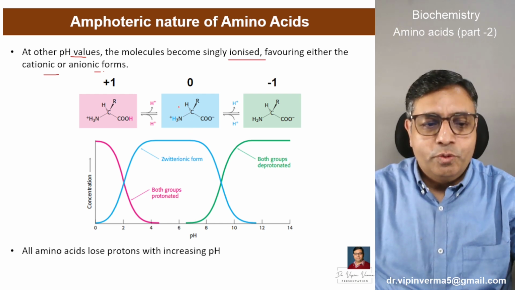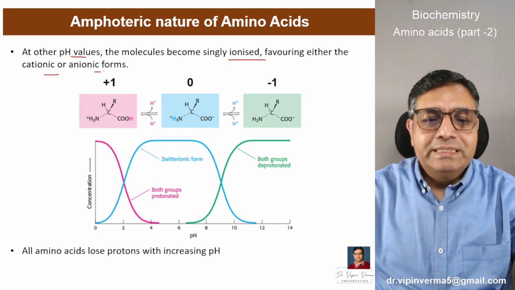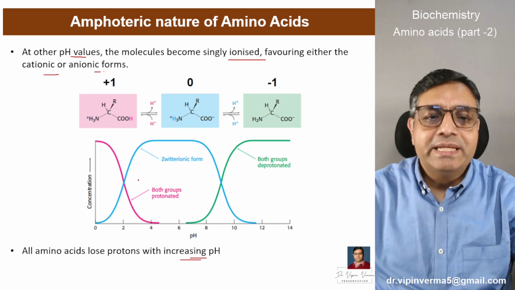Okay, so all amino acids lose protons with increasing pH. So if you see here, the carboxylic group has the proton at the low pH.